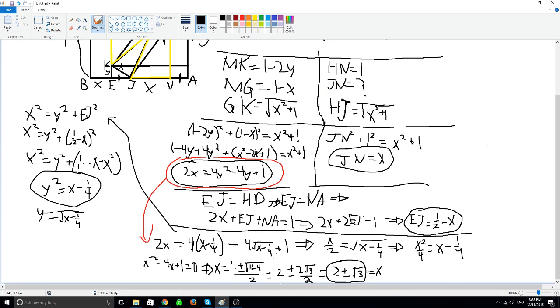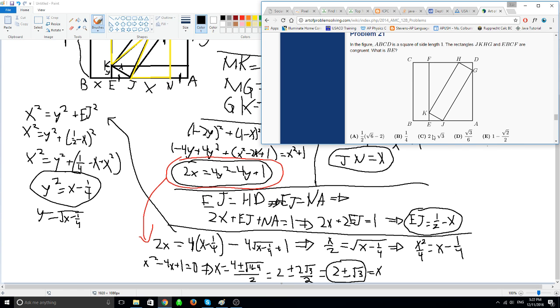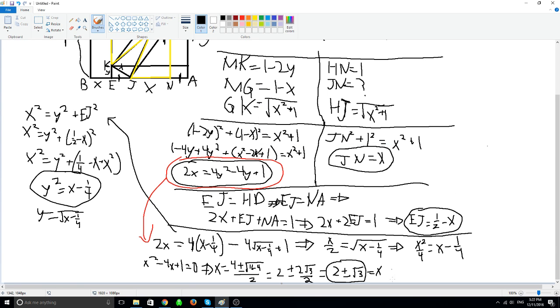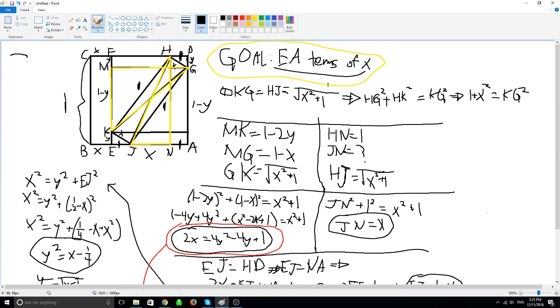So now, if we look at the answers right over here, the only answer that includes it is 2 minus square root 3, and also 2 plus square root 3 would be greater than 0.5. So we now must know that x is equal to 2 minus square root 3, and therefore C is your answer for problem 21.